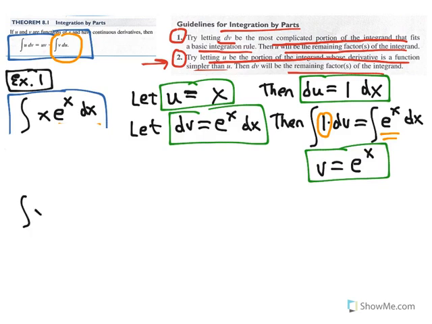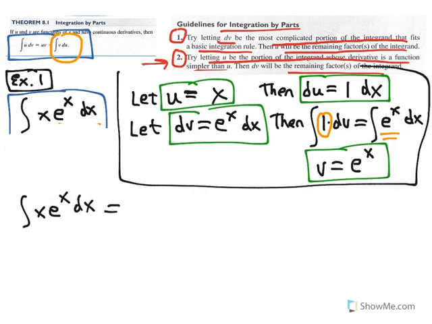So you're going to write x times e to the x dx, which is our original problem. And using our work here, we're going to apply the integration by parts formula. So now we're going to write u times v minus the indefinite integral of v du.